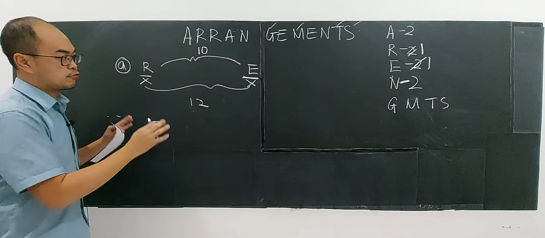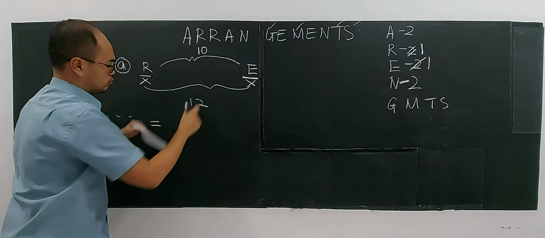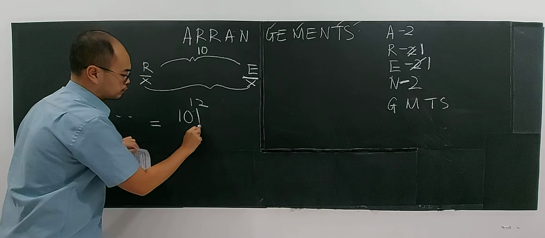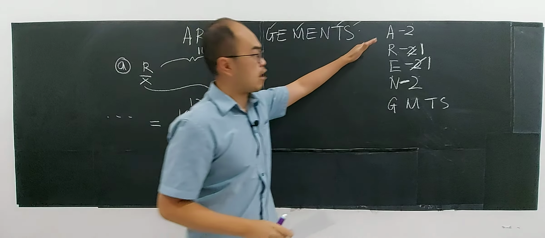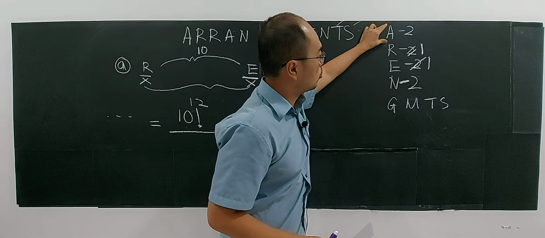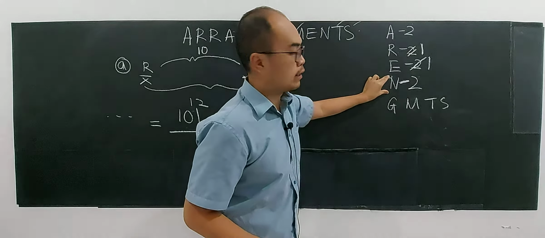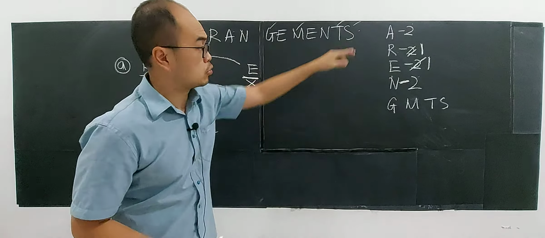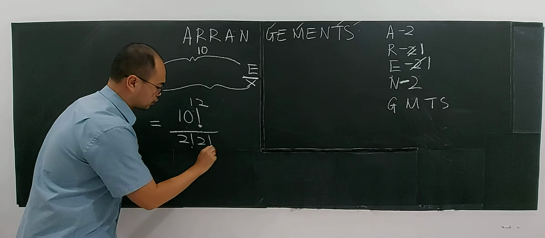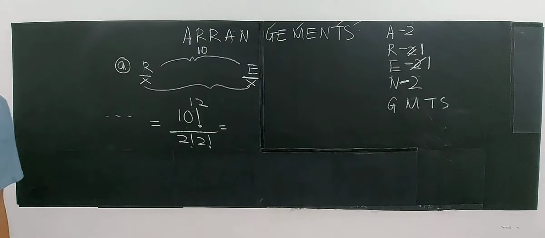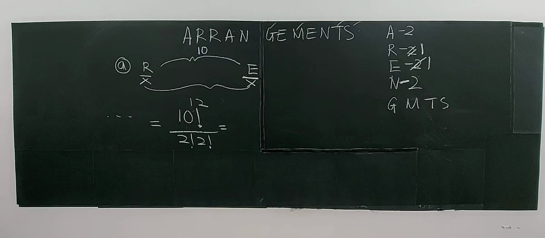It's already fixed. So you just arrange 10 factorial. Among the 10 letters left, only 2 N and 2 A, so I need to divide by 2 factorial and 2 factorial. That's all. So let's see what the answer is.